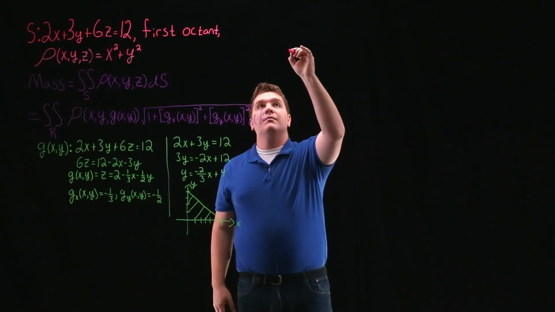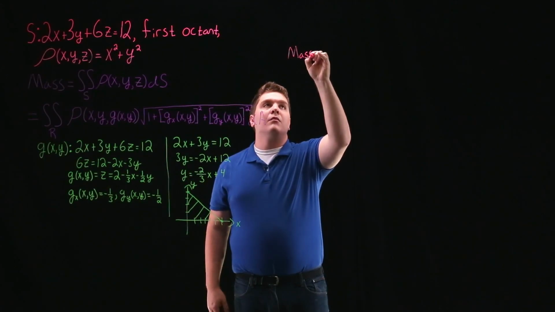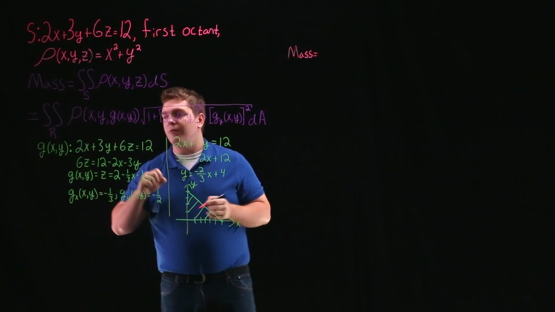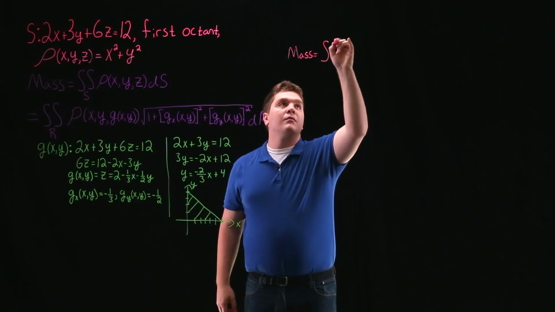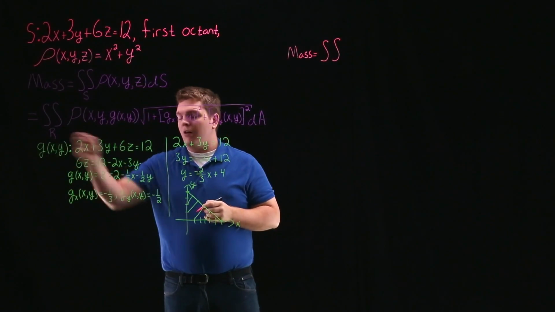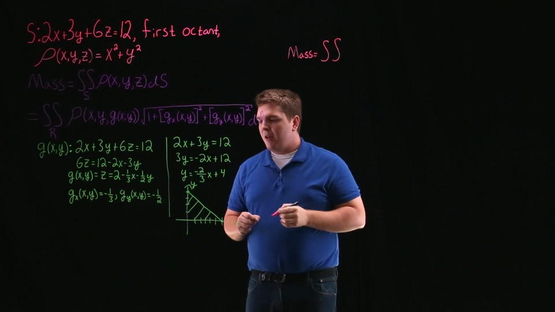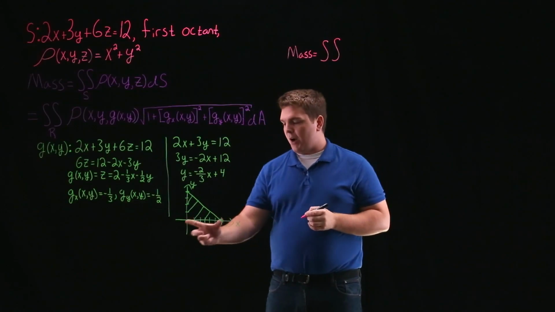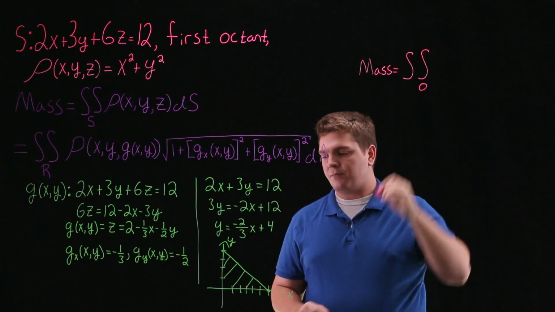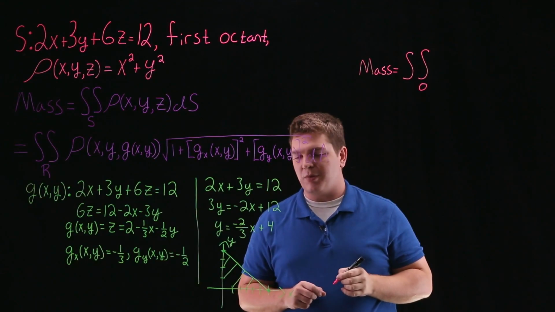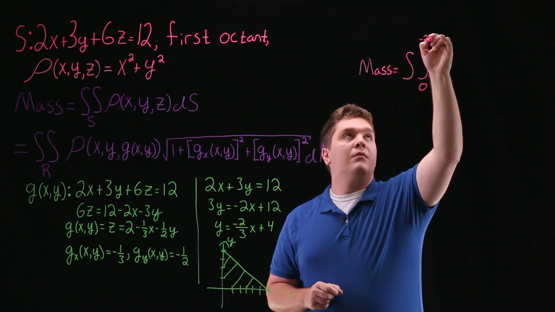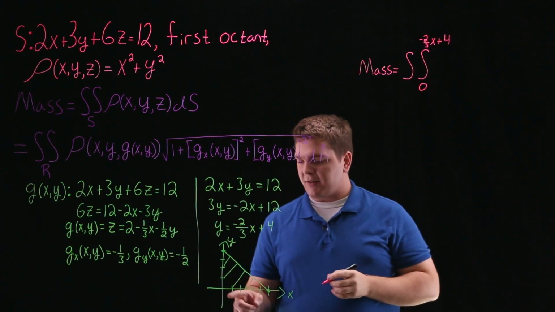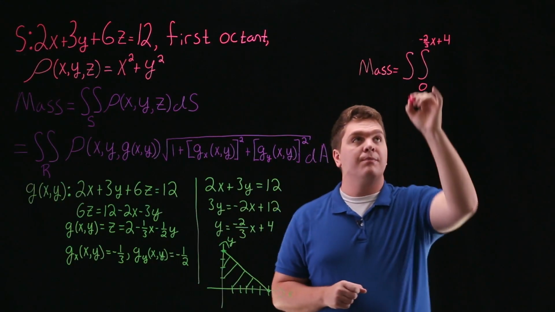Our mass is going to be equal to this double integral, where this region R is going to be this region here. Let's integrate with respect to y first, and then we'll integrate with respect to x. So y, as we said, is going to vary from 0 to the line negative 2/3 x plus 4, and x is going to vary from 0 to 6.